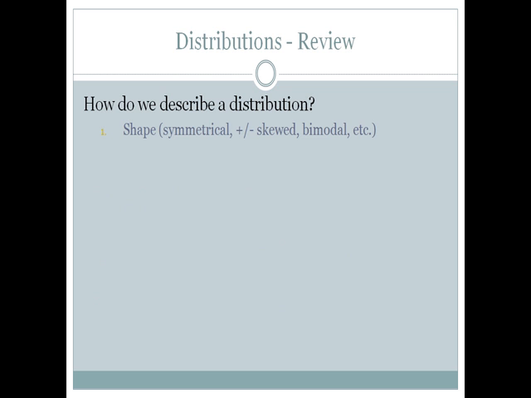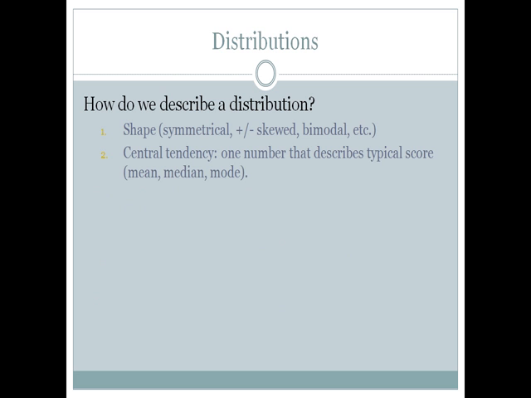So just a real quick review of distributions. We can give different descriptions of distributions. One is, what is the shape of a distribution? We talked about symmetrical distributions, skewed distributions, we mentioned bimodal and some other things. We can also talk about the central tendency of a distribution, where the mean, the median, and the mode are, for example.